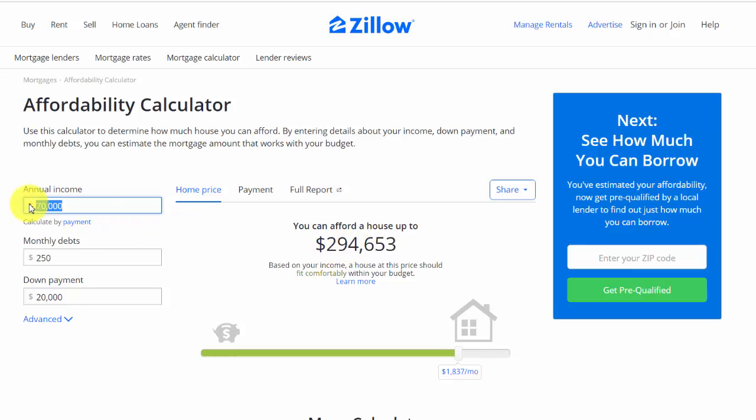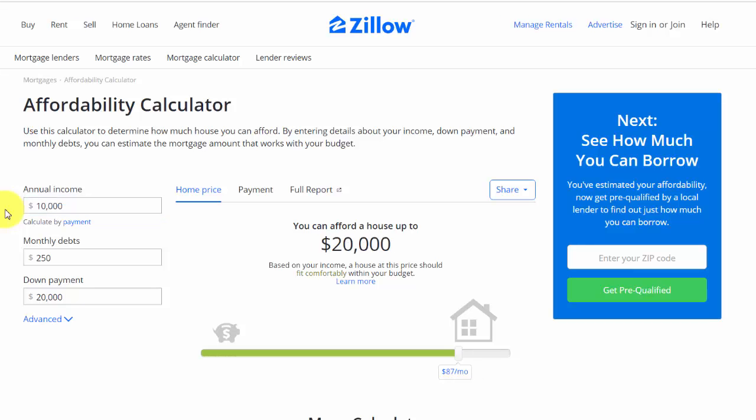Let's say your annual income is $150,000. So you can afford a more expensive home. Now let's say your annual income is $10,000. Remember, this is all based on your job and what you earn.